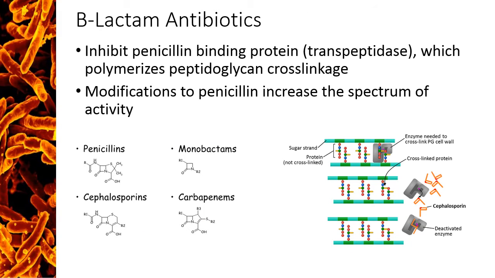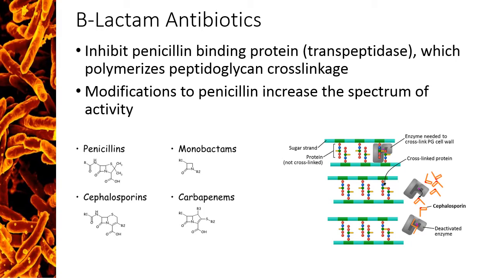So we're going to look at the beta-lactam antibiotics in a little bit more detail. These antibiotics function by inhibiting an enzyme called transpeptidase, which is also known as penicillin binding protein because that's how it was actually discovered: it's the enzyme that penicillin binds to and how penicillin functions.